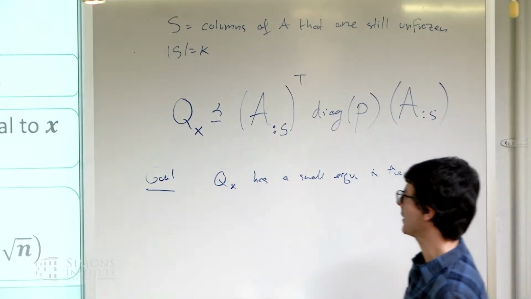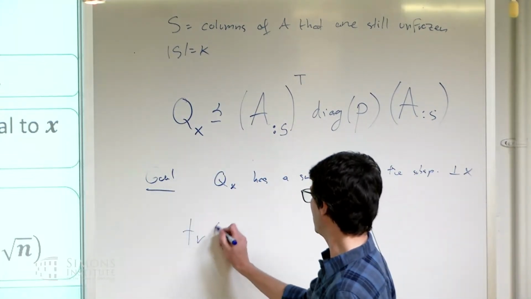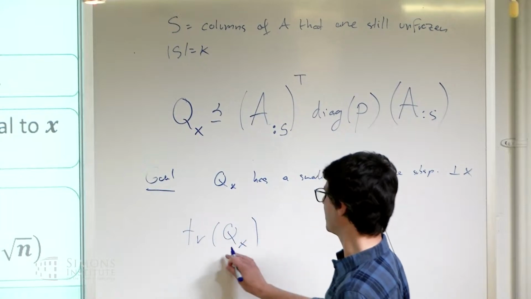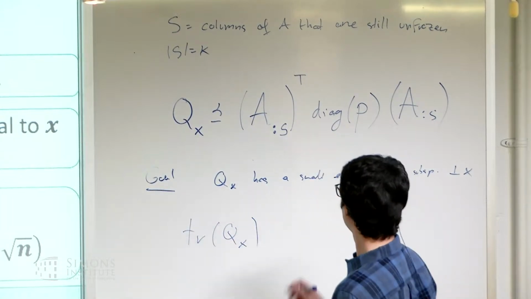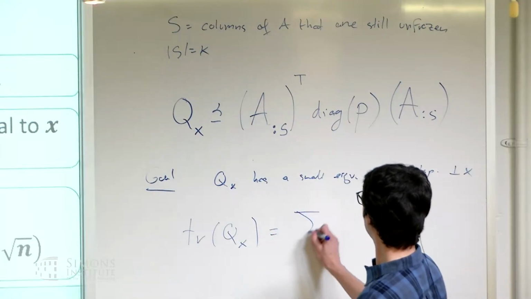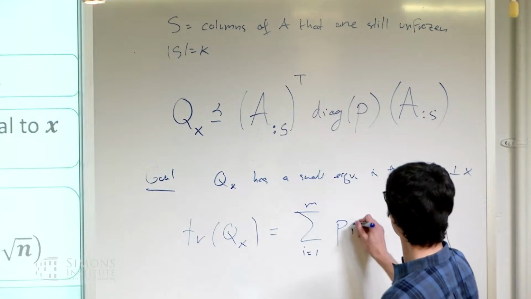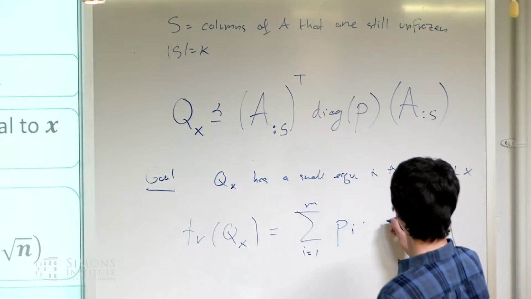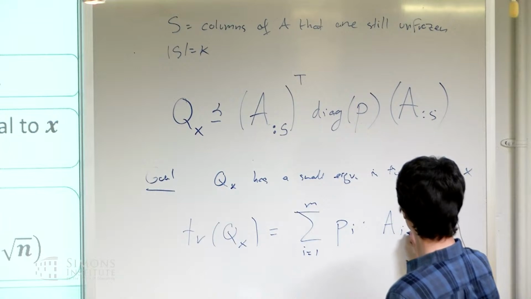Well, the simplest thing I can possibly do is to just bound the trace of Q of x. The trace of Q is just the sum of its eigenvalues, and it has k eigenvalues. And the trace is basically just going to be the sum over all p_i's times the squared L2 norm of rows of the matrix.